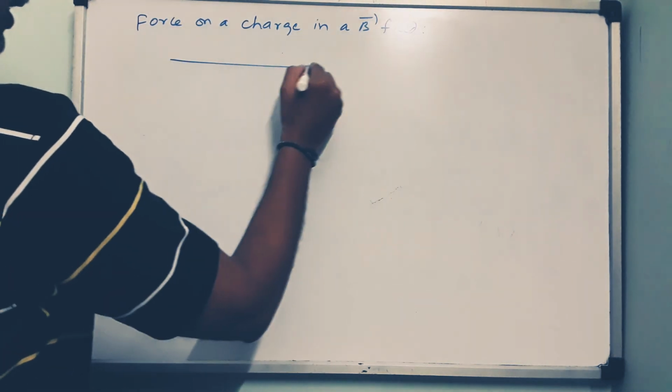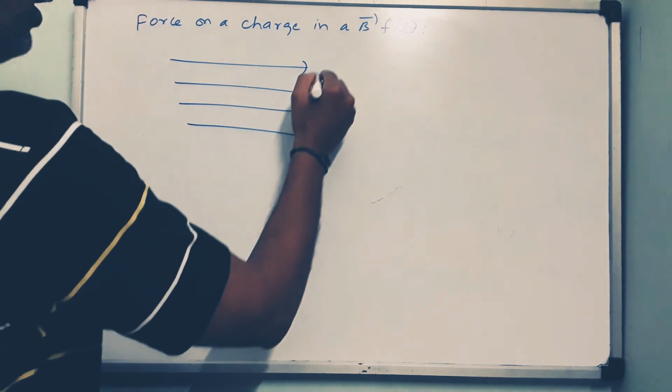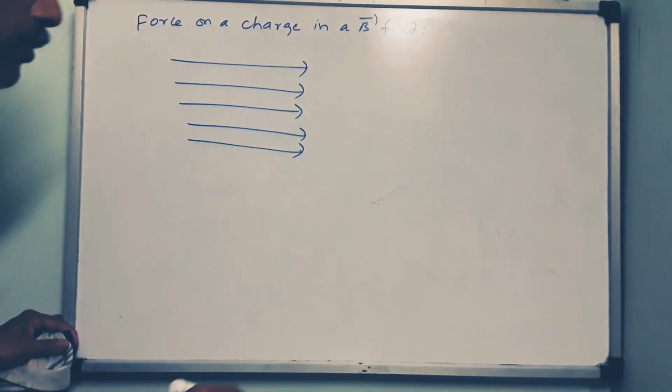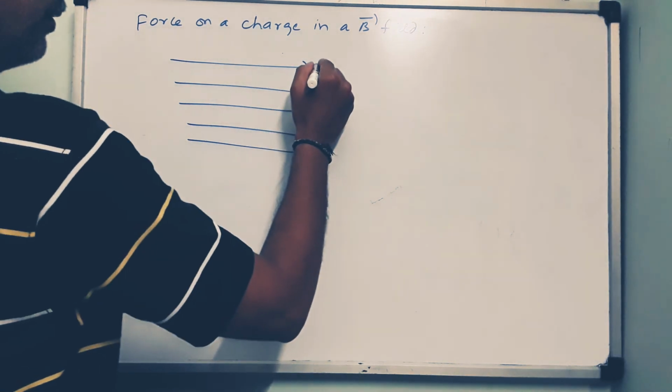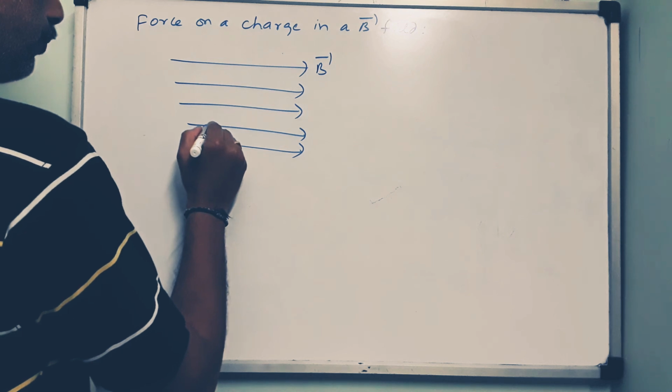So now let me create a magnetic field, children. How do I create it? I can create it with the help of a straight solenoid. So this is B. Now here I have a charge Q.